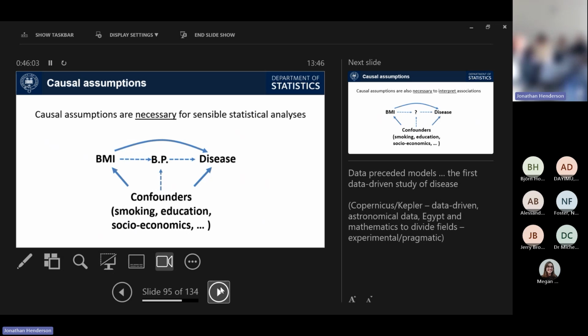On the other hand, if you're taking the view, well, blood pressure, we've got drugs for that, I'm more interested in the underlying causal influence of BMI on disease that's not mediated by blood pressure, well, then you would want to have it in your model. So it also rather depends on the timing of these things.